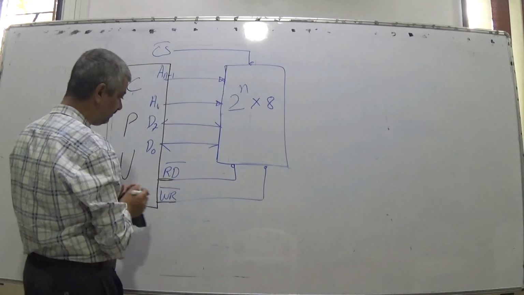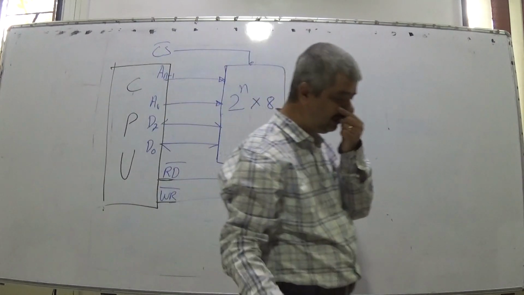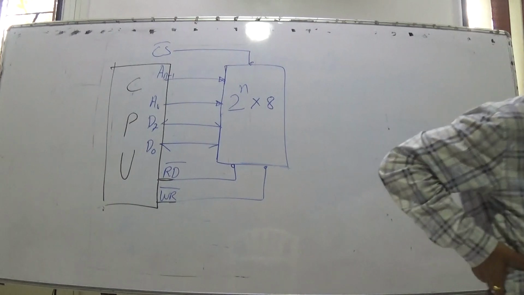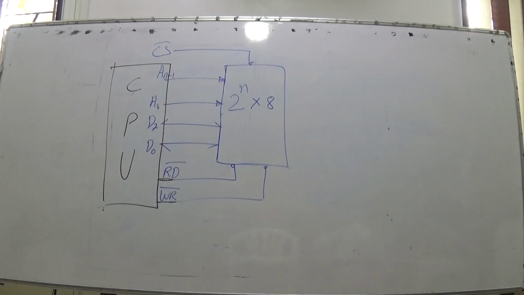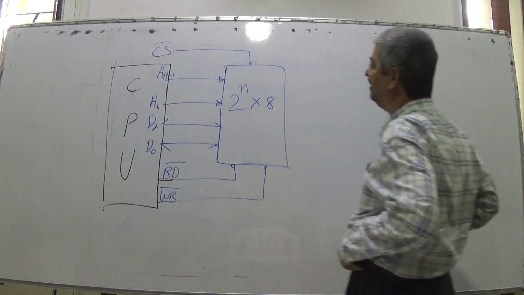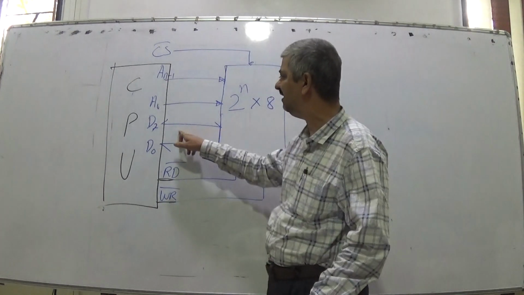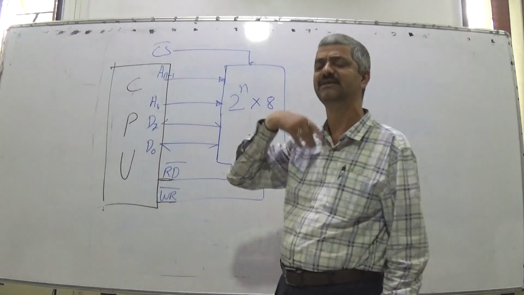So a central processing unit, a microprocessor, will be able to decide which location to access and for what purpose. If it wants to read a location, it will put the address, put read bar, and the data available here will come here, that it will use for some purpose that we will discuss later.